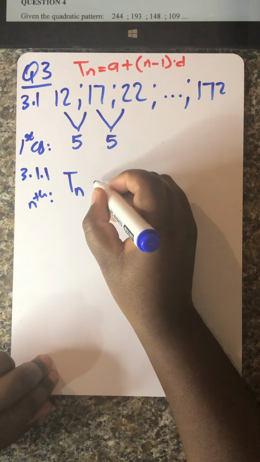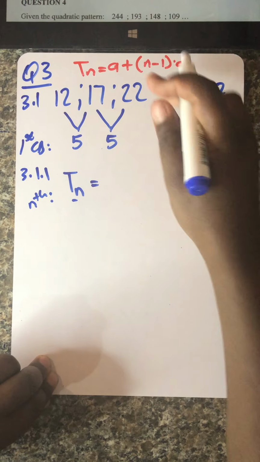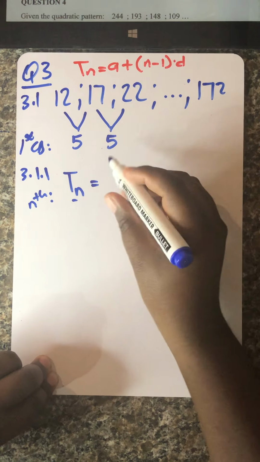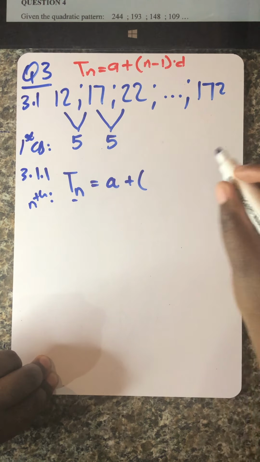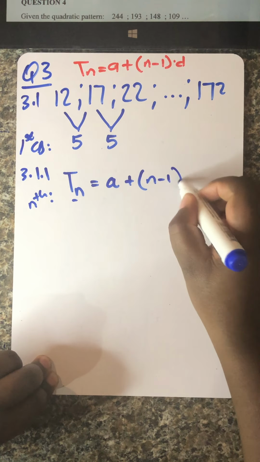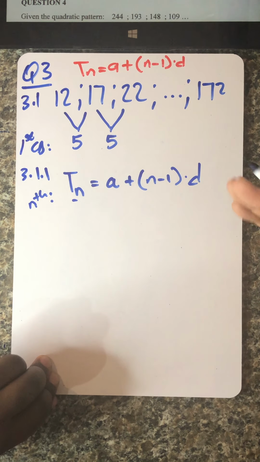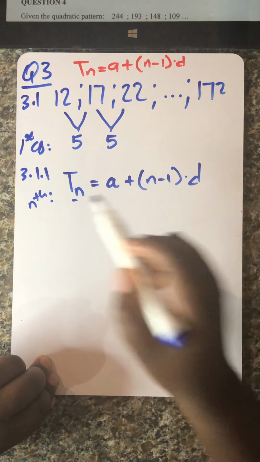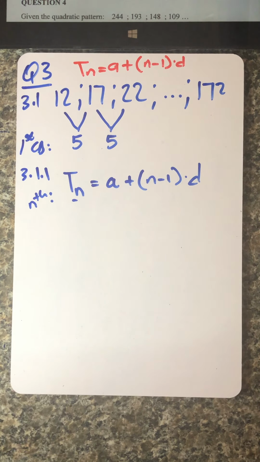So this is the formula that we're going to use to calculate the nth term. We know Tn is equal to a plus (n minus 1) times d. So how do we now determine the nth term, guys?